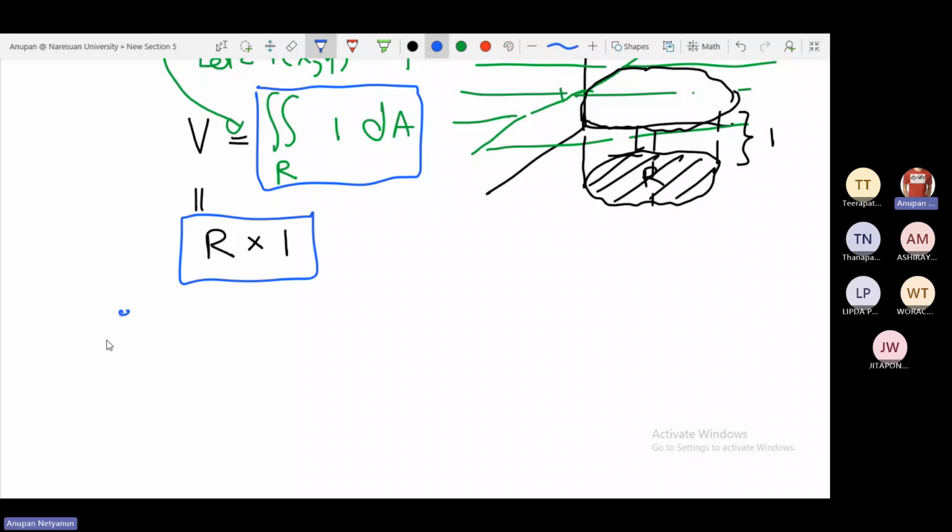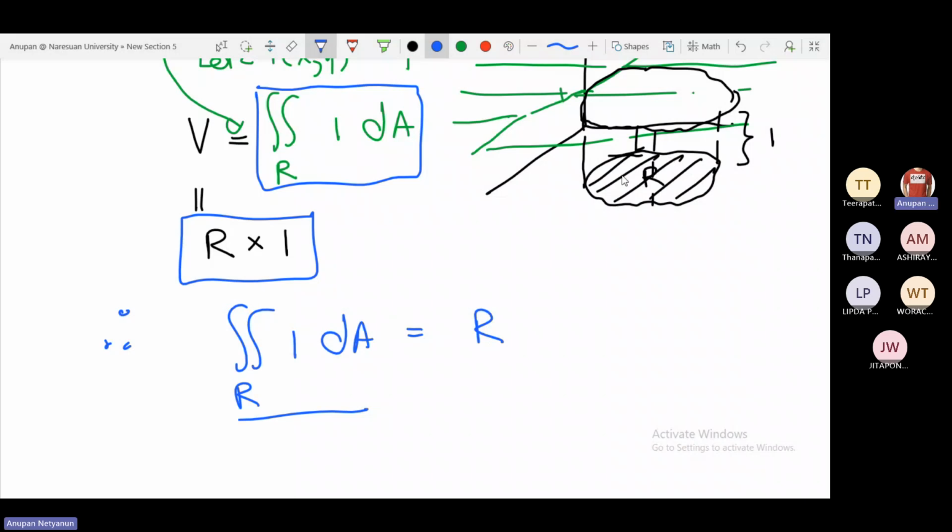So I'm going to pair these two together. We have the integration over the region R of a function constant 1. It's equal to this too, which is R times 1, which is going to be R. See? So you use double integral, and the outcome is you get the area of the region.